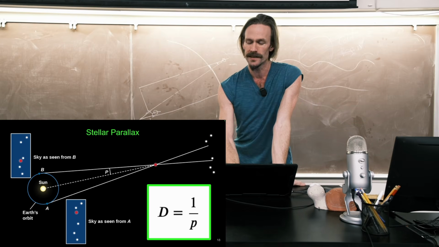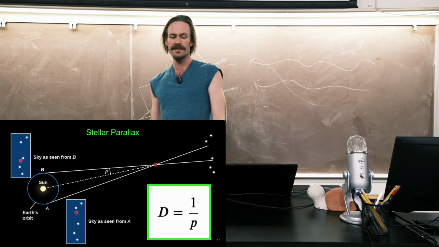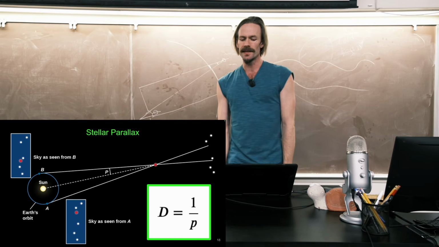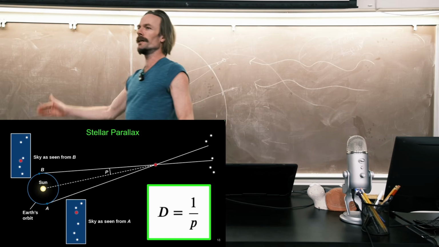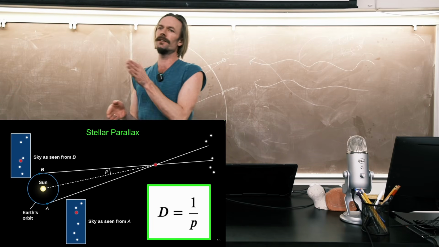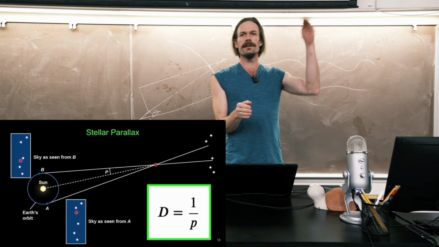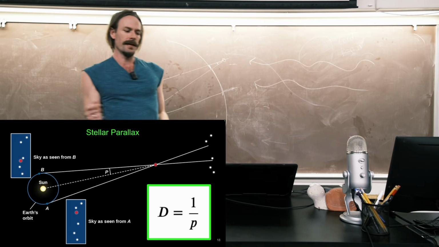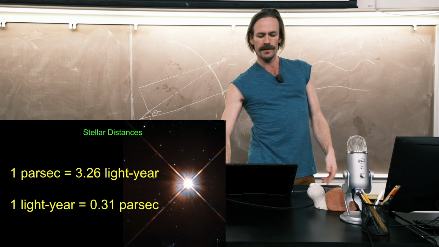So we define this new unit of distance called the parsec, right? The parsec is basically how far a star has to be away to be 1 arc second away. So that's 1/3,600th of a degree of separation in the night sky, right?